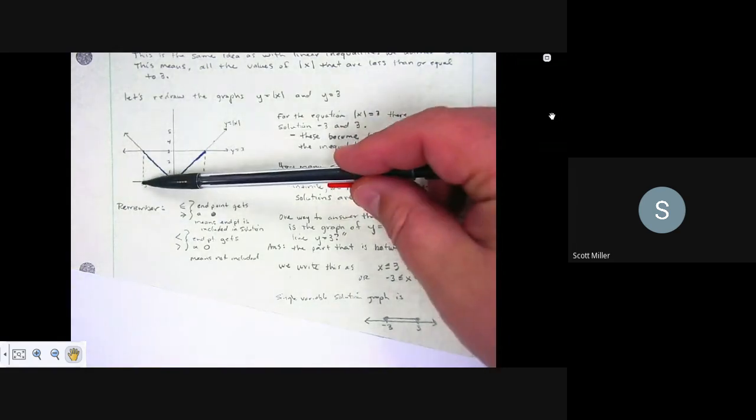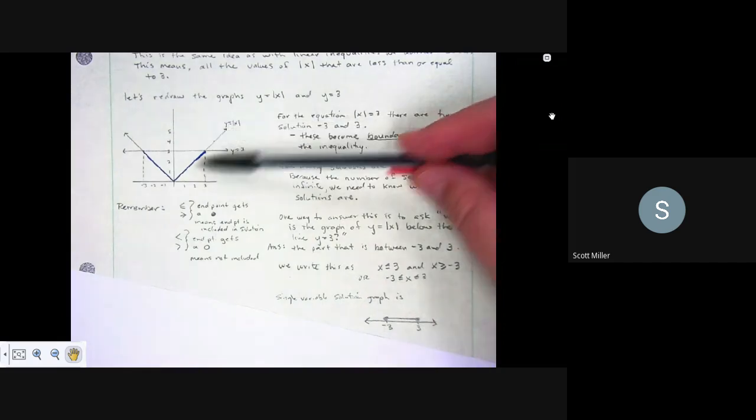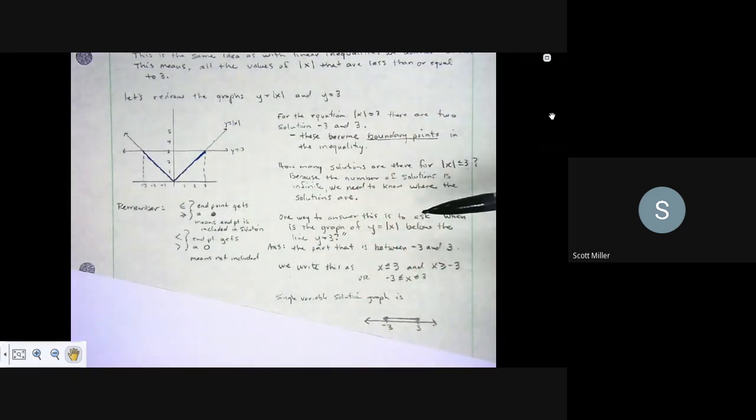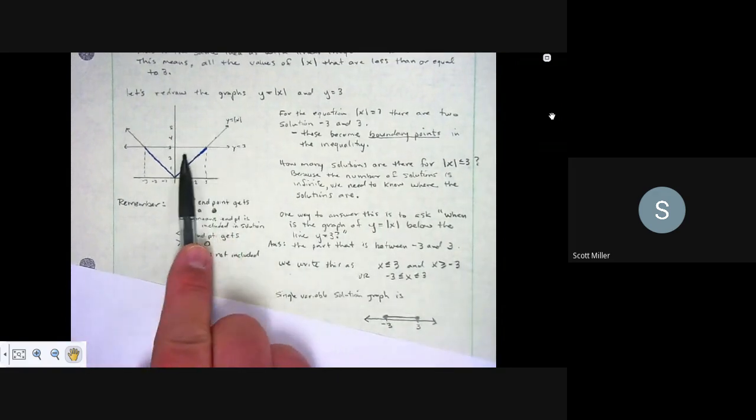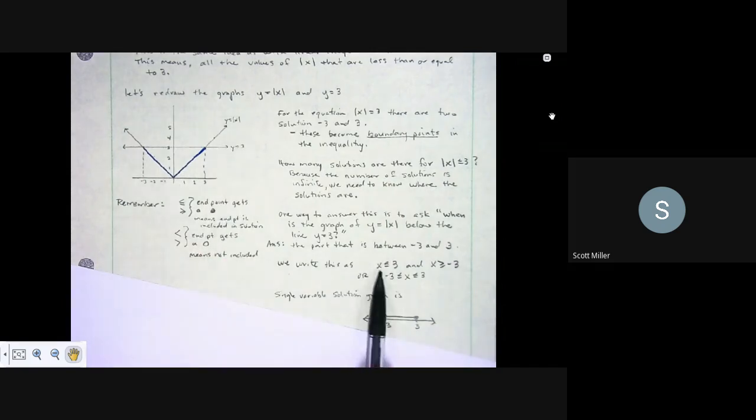From the x-axis from -3 to 3, the absolute value of x is below the line y equals 3. So all the x's below 3 and all the x's above -3 are part of my answer. These are boundary points.